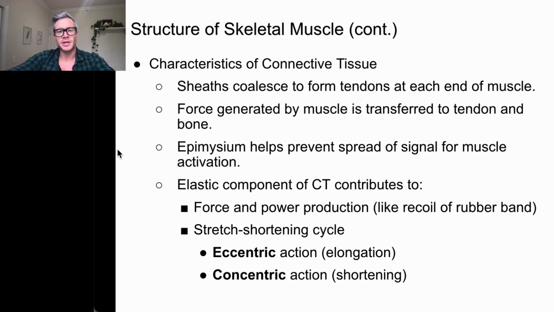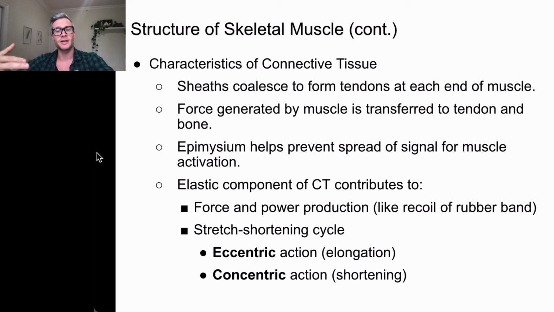The epimysium, like I mentioned before, helps prevent the signal from that muscle spreading to other muscles in the surrounding areas, and the elastic component of the connective tissue is really important. It is very strong and robust tissue, but one of its properties is that it's elastic.